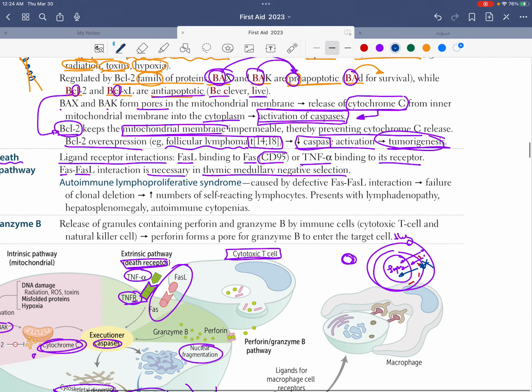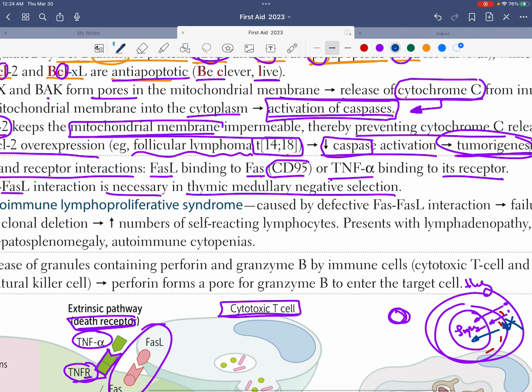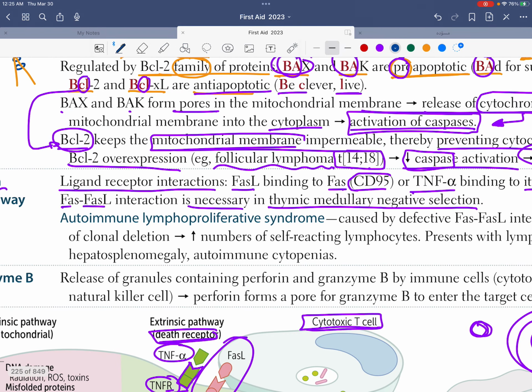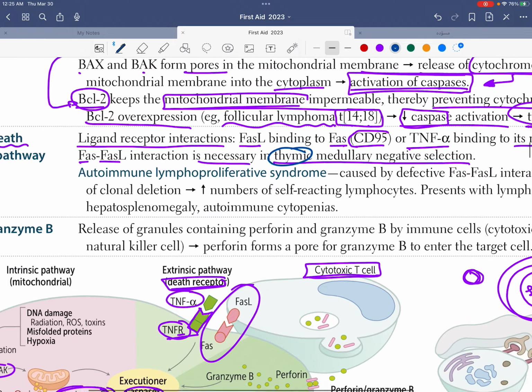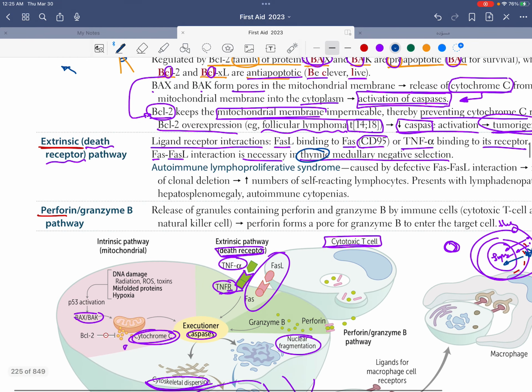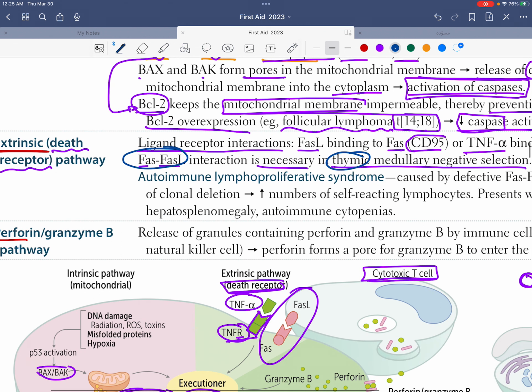This negative selection is the decision of not allowing the cell to proliferate in the thymus. In thymic medullary negative selection, that is related to FAS and FAS-L. That happens because the cytotoxic T cell decides, no, I don't need you. So it sends its FAS-L ligand to that cell's FAS receptor and causes it to die.